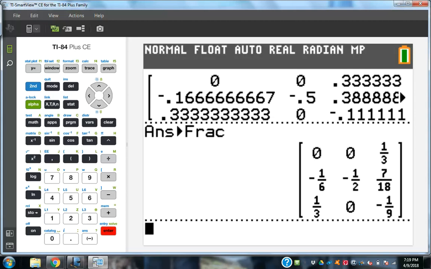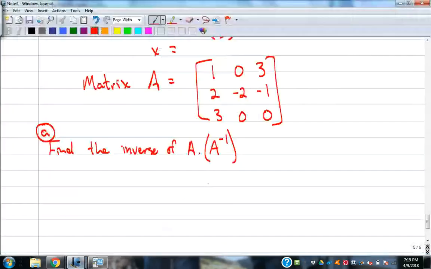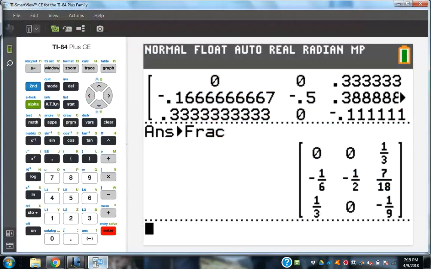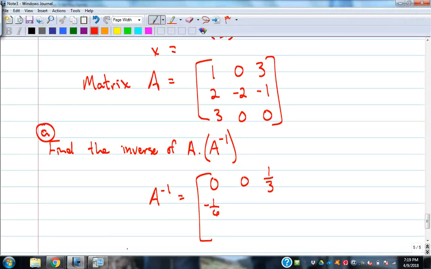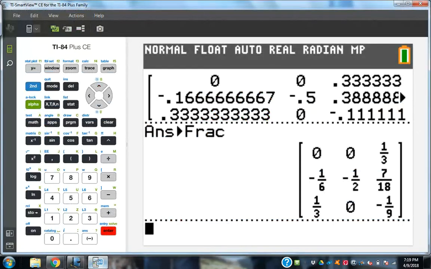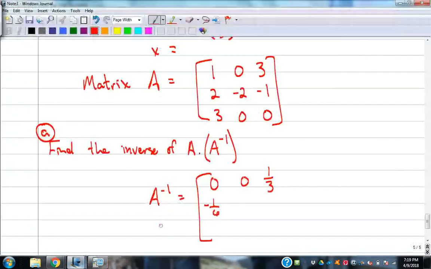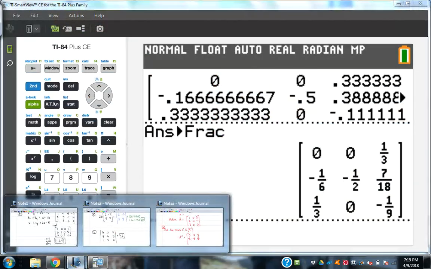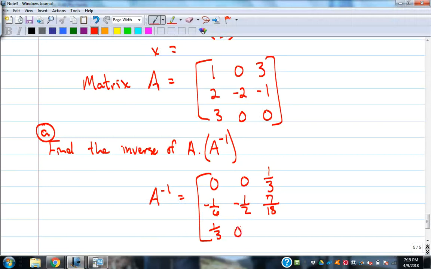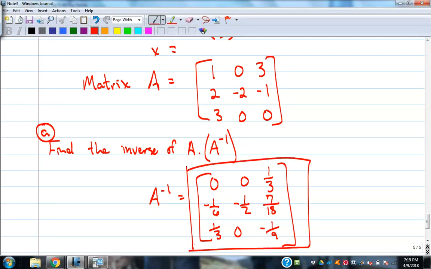A inverse: 0, 0, 1/3; then -1/6, -1/2, 7/18; last row, 1/3, 0, negative 1/9. We have found the inverse of that matrix.